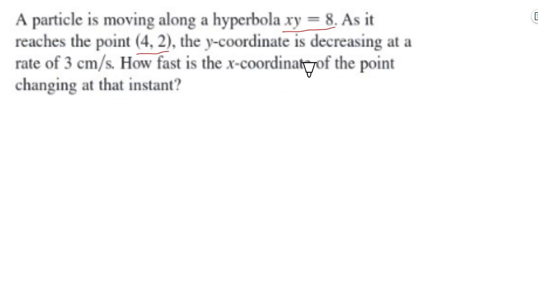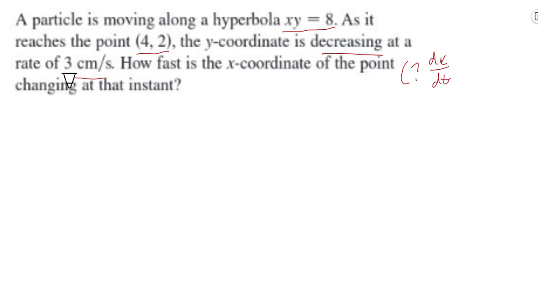We're told that the y-coordinate is decreasing at a rate of 3, so that's cool. They're giving us one of the derivatives, which is always necessary. And then they want to know how fast the x-coordinate is changing, so we need to know dx/dt. So the question is, what is dx/dt?